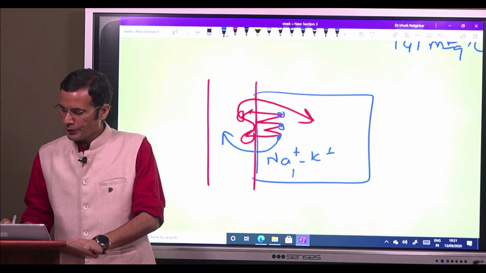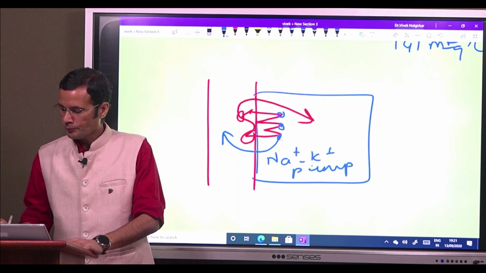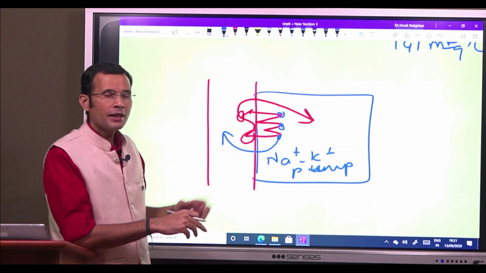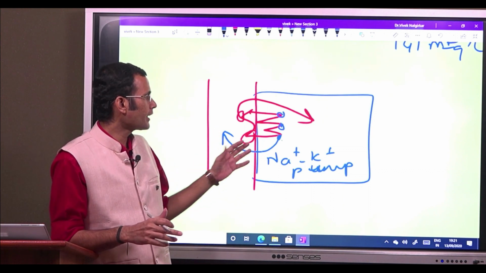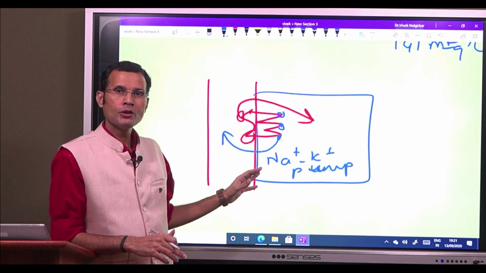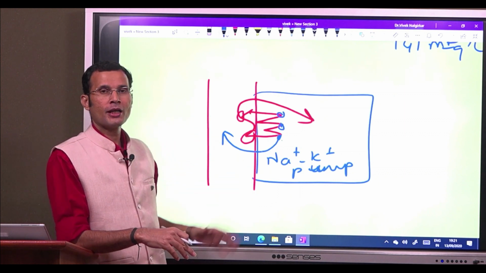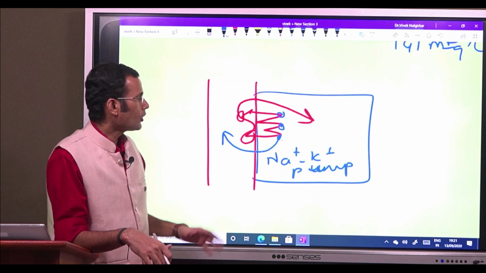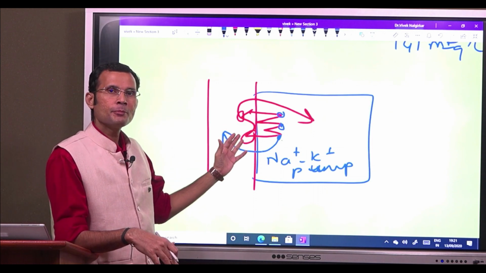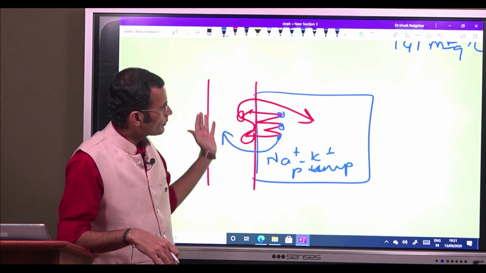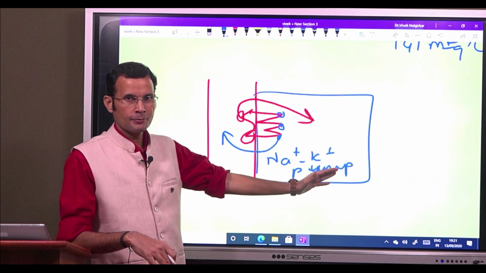The point that I am trying to make here is that anything that influences the activity of the sodium-potassium pump will also have an influence on plasma potassium levels, because potassium is being brought from outside to inside of the cell.